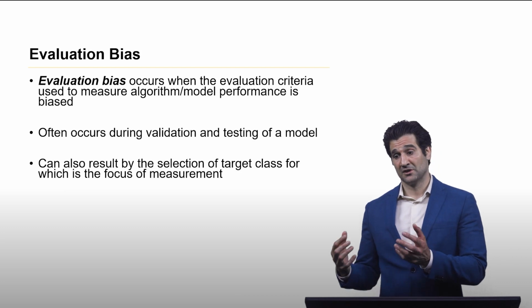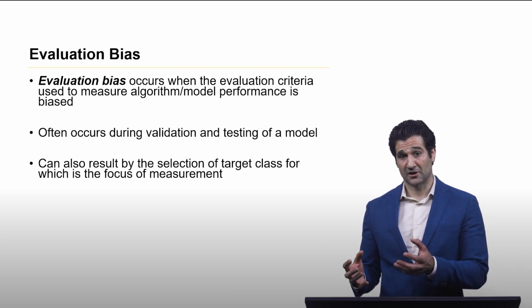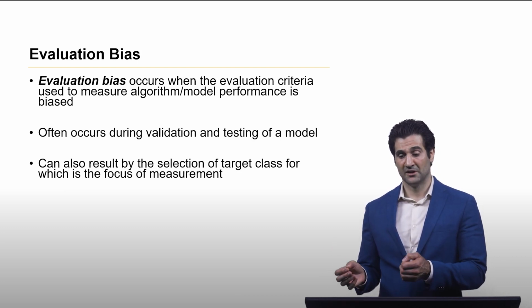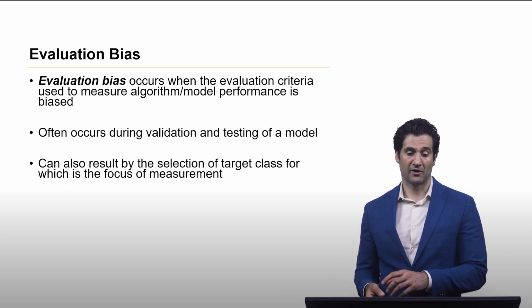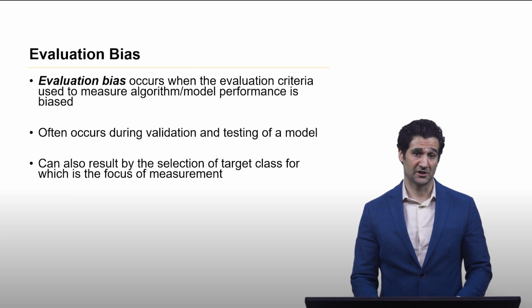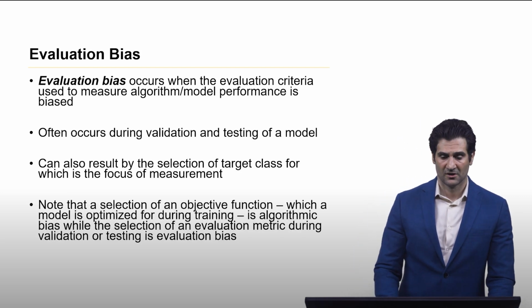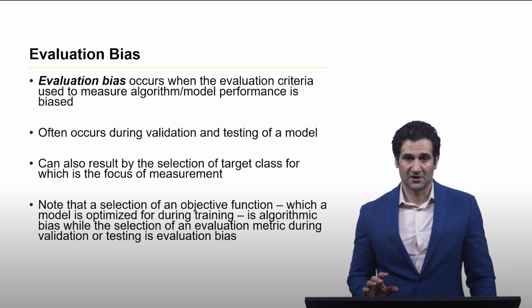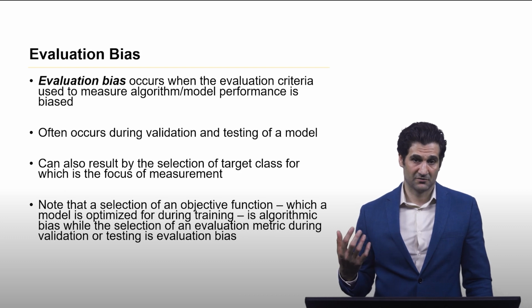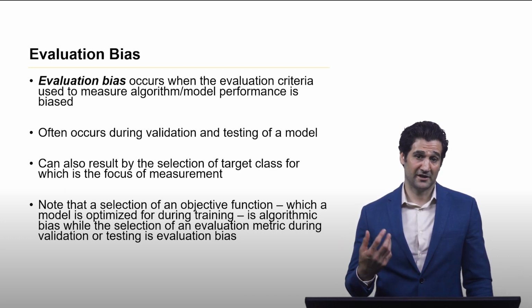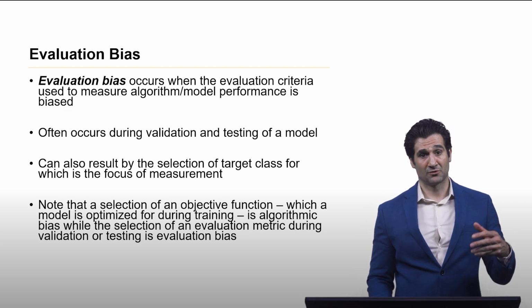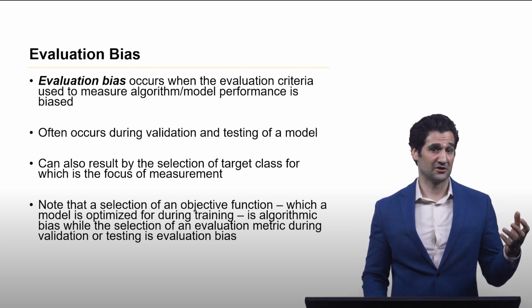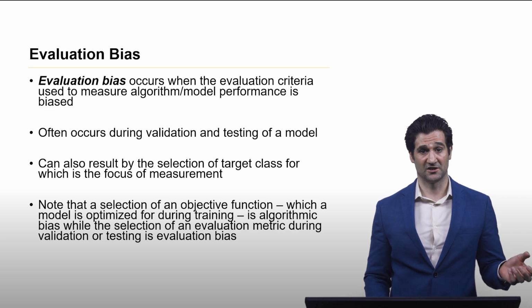In others, how those measurements are defined and created needs some engineering work, and you may wind up creating something that has an inherent bias in it. Notice that the selection of the objective function for which a model is optimized during training is on the algorithmic bias side. With evaluation bias, we're talking about the evaluation metrics, so this is more about things like validation and testing.